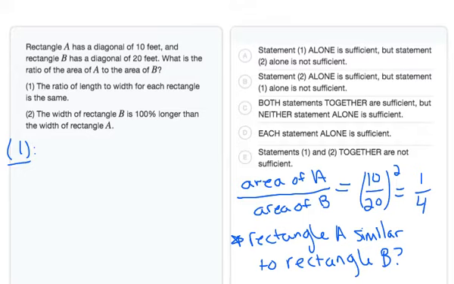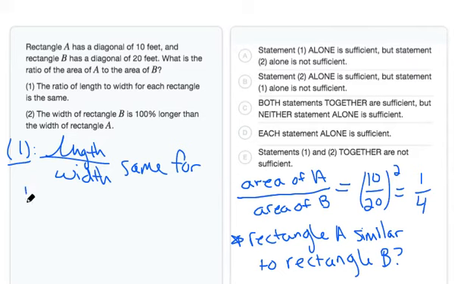Since the ratio of length to width for each rectangle is the same for both rectangles, that means that rectangle A and B are actually similar.